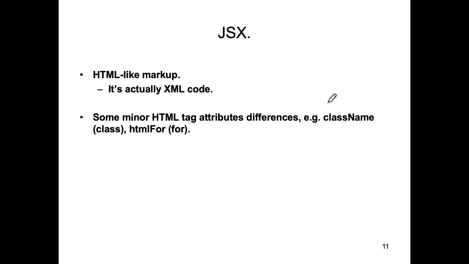So instead of class, we're going to be using className. That's what the React design team decided to use. So any CSS styling associated with a JSX HTML tag will use className instead of class. And really that's the only difference that you will see between HTML and JSX.